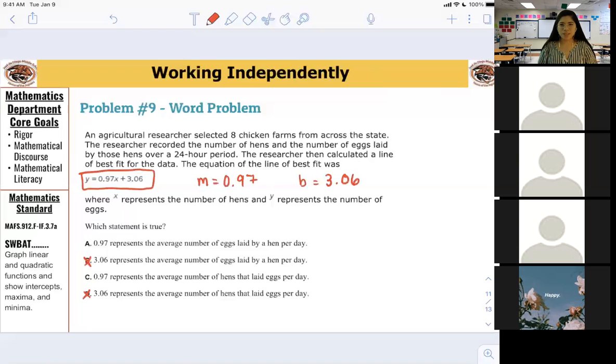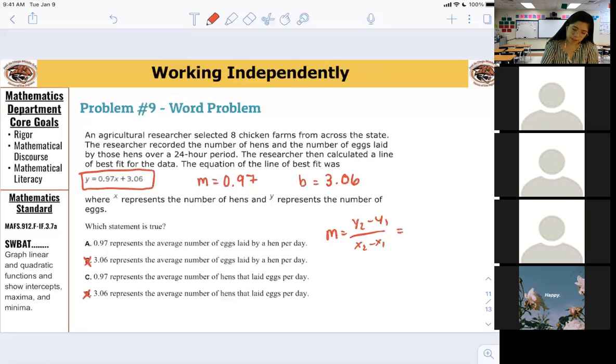It's kind of confusing. This one, to be completely honest, when I first tried this problem, I was confused because it's talking about kind of a lot of things. So here's my trick for this. When you calculate slope, we know the formula is y2 minus y1 over x2 minus x1, right? The y values go in the numerator and the x values go in the denominator.